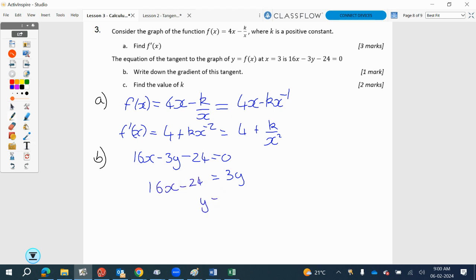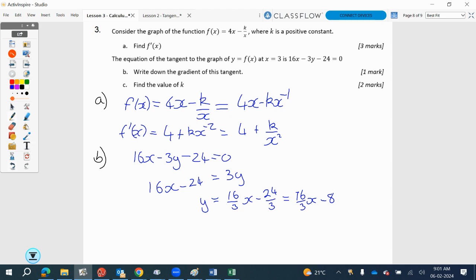So y is equal to, how do we get y on its own now? We divide by 3, and we get 16 over 3x minus 24 over 3. If we simplify that, is it 5 1/3? No, that's an awful number. Let's stay with fractions: 16 over 3x minus 8.